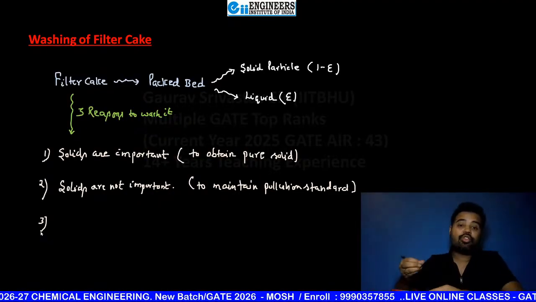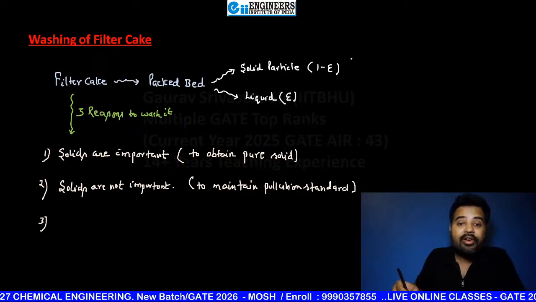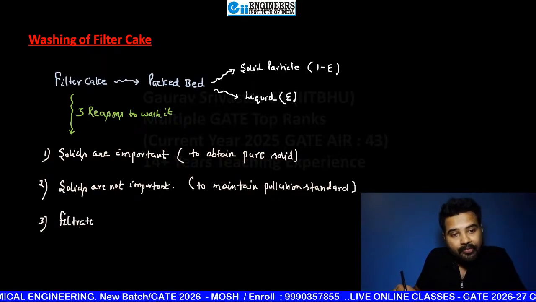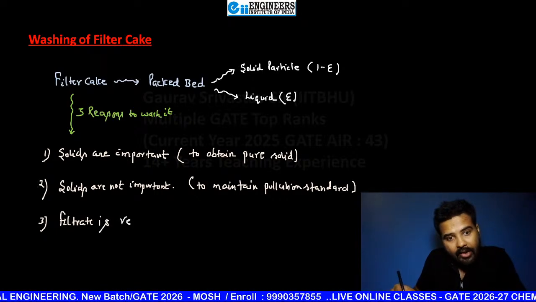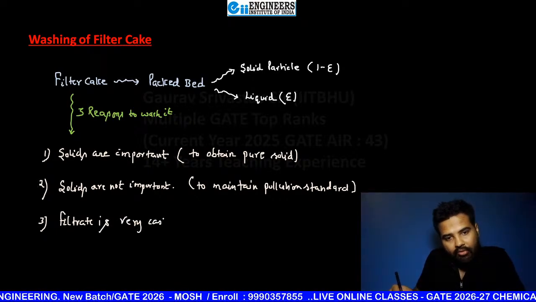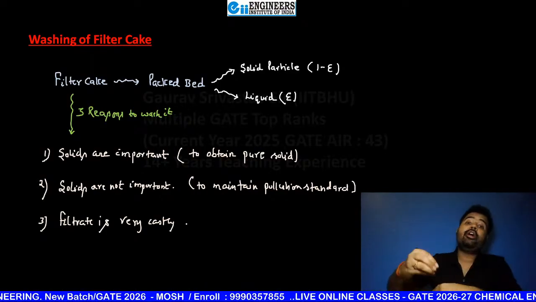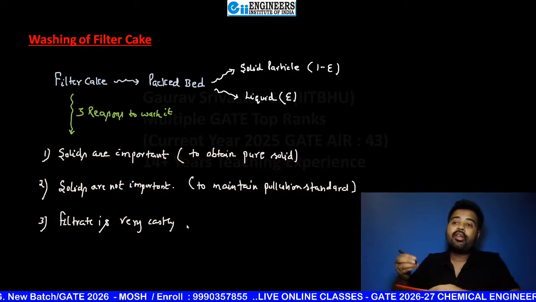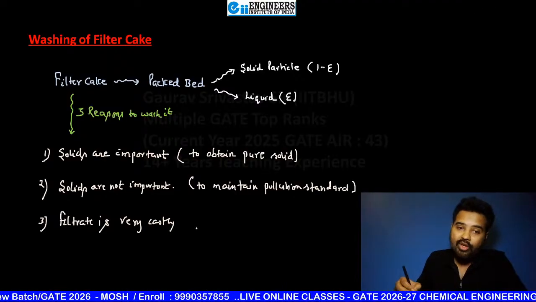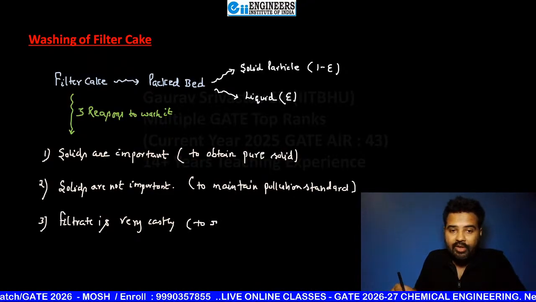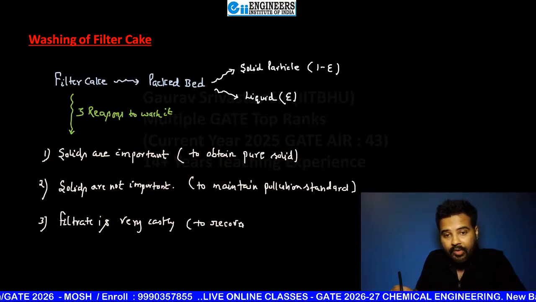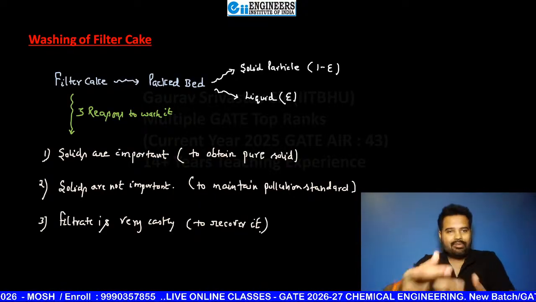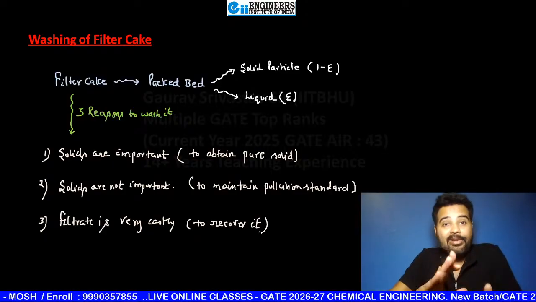So the third one is that filtrate is very costly, so you can't lose a single drop of it. Now you are going to recover it by washing. So these are the three important reasons behind washing of any filter cake.